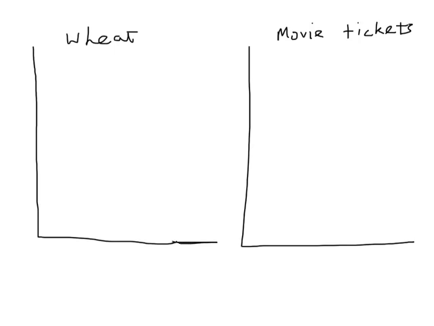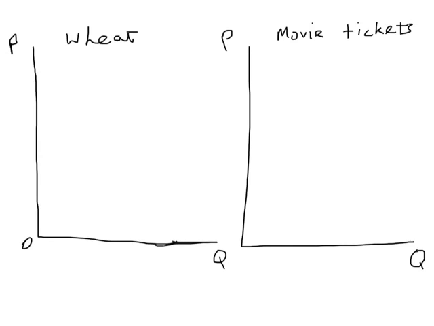Extend this. I'm going to be a little sloppy here. Just write P and Q instead of dollars per bushel and millions of bushels per year for wheat, and dollars per ticket in price and millions of tickets per year.